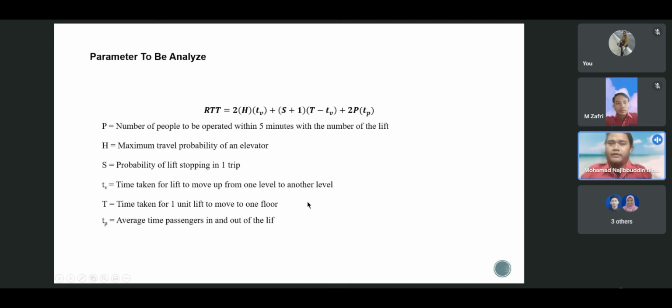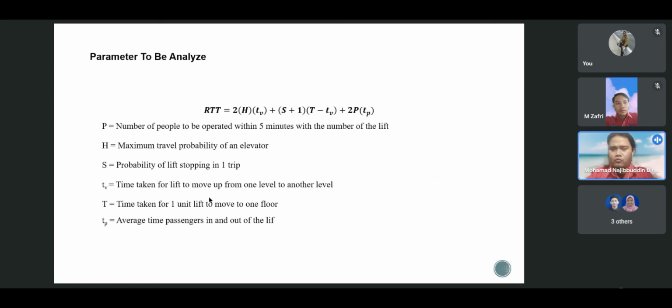And then the next one is the parameter to be analyzed, RTT. This is the formula, where P is the number of people to be operated within 5 minutes with the number of lifts. H is the maximum travel probability of an elevator. S is the probability of the lift stopping in one trip. TV is the time taken for the lift to move up.